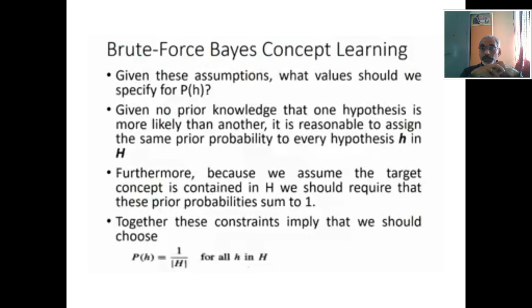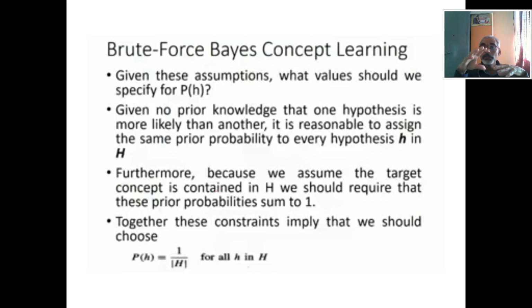Without prior knowledge, say, that 90% of people suffering from pandemic diseases will recover, how can you tell that everybody who got COVID is going to recover? We cannot. So given no prior knowledge that any one hypothesis is more likely than another, it is reasonable to assign the same probability to each hypothesis.